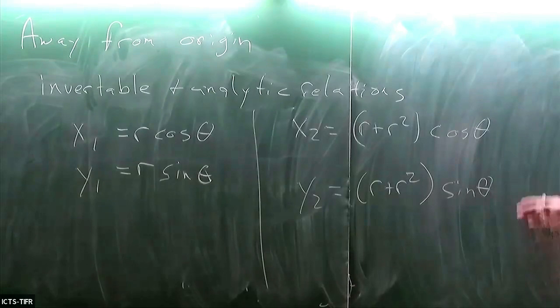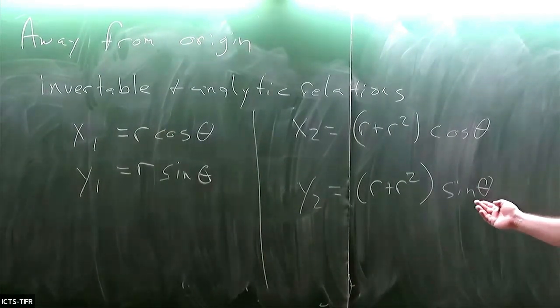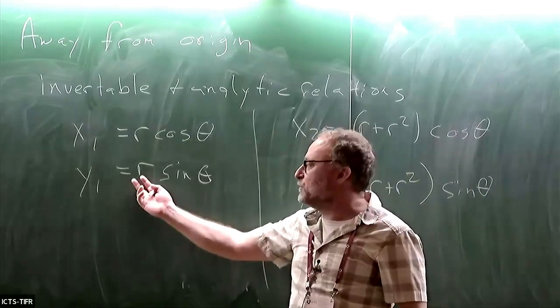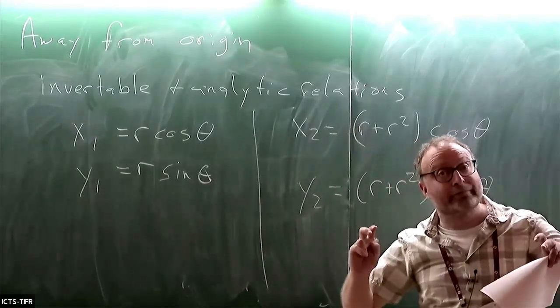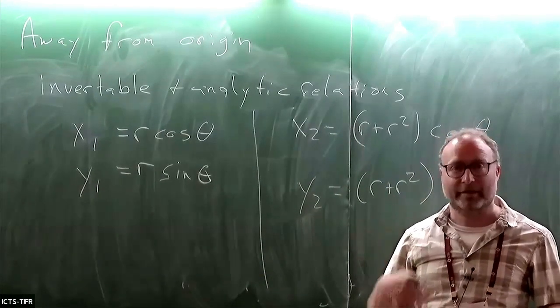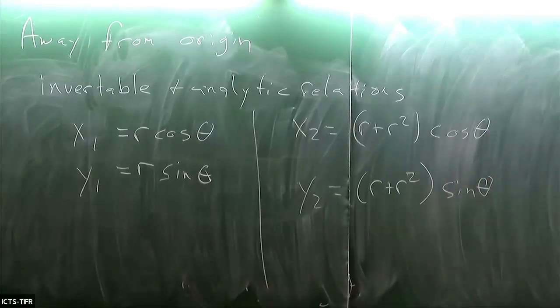Of course, this makes life harder, but nothing's stopping us. Notice, the game I'm playing here is I'm doing a field redefinition of R, okay? R goes to R plus R squared, right? That's very much like the kinds of things we do in EFT. And of course here I'm setting some length unit to 1, in order to make this dimensionally correct.